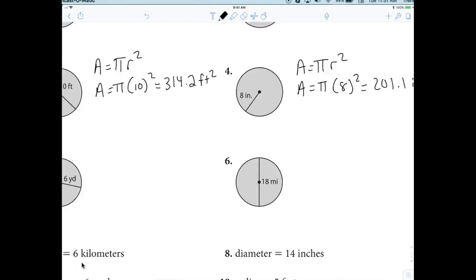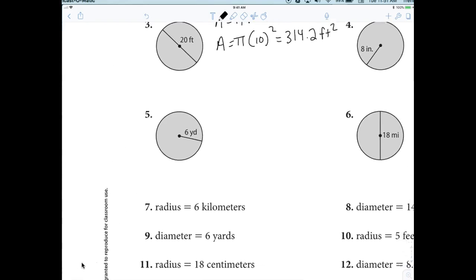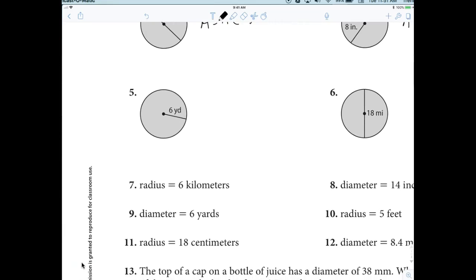All right, number 5. Let's go with Colin. What's the formula for area of a circle? The formula is A equals pi r to the second power. And then?